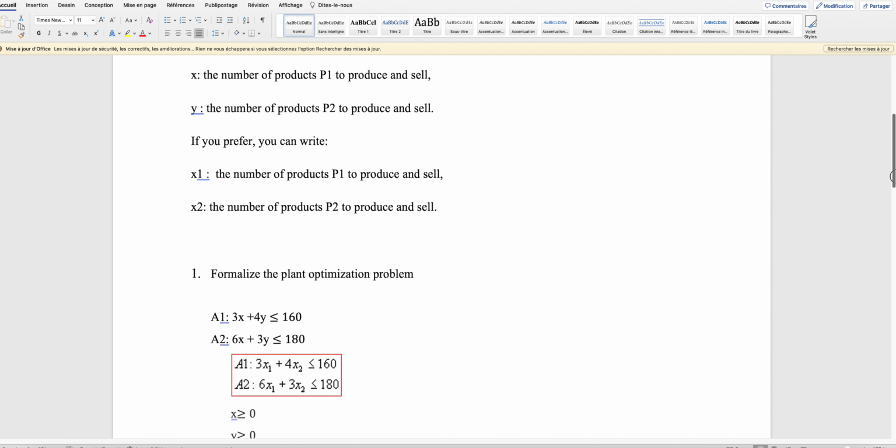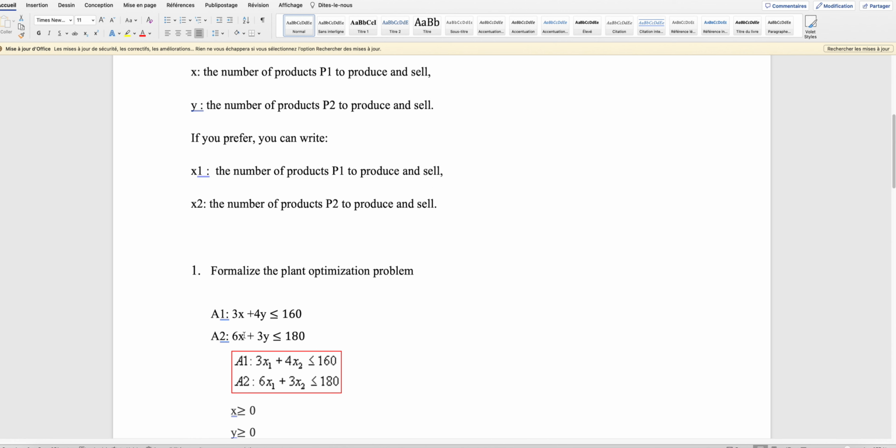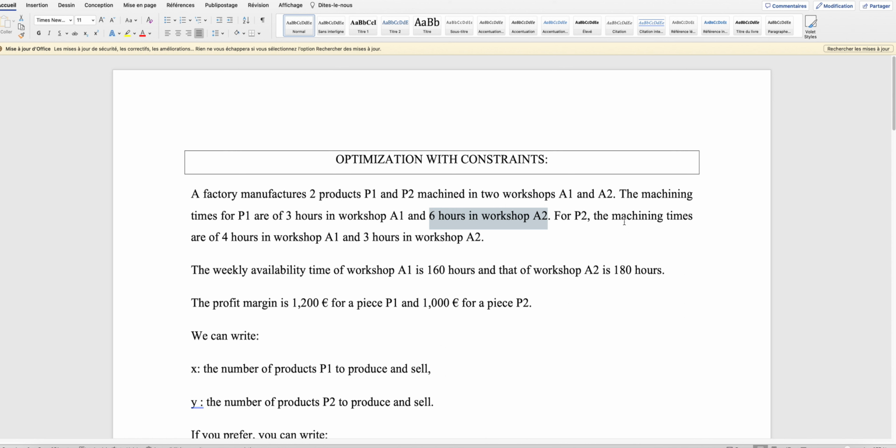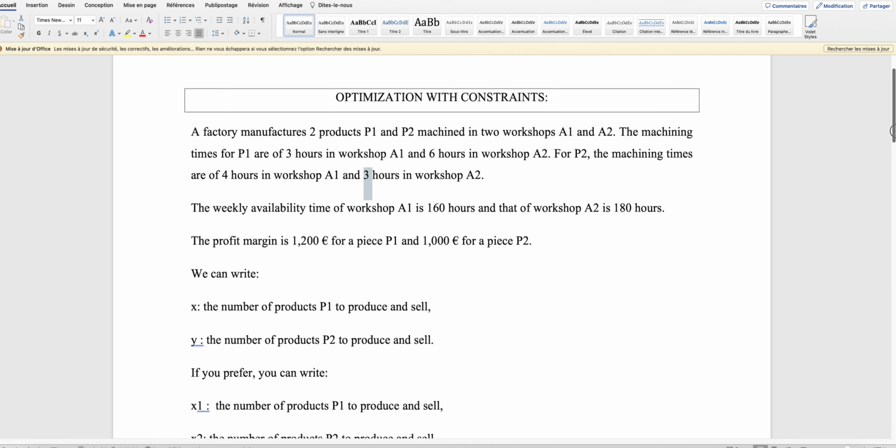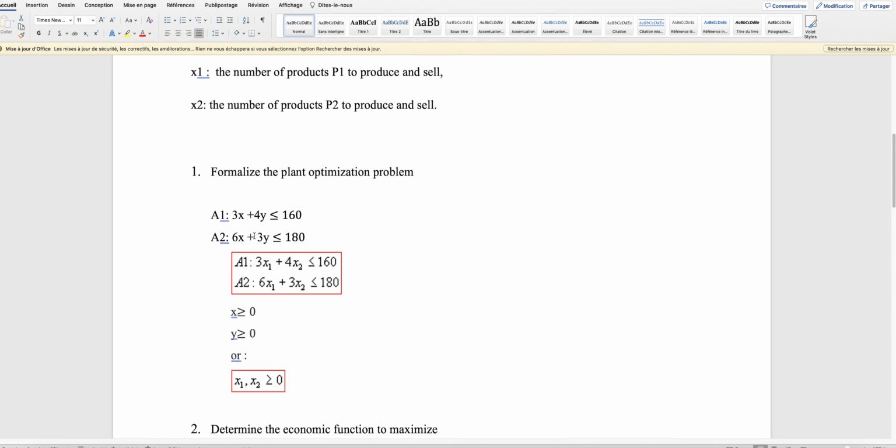So we put 6x, plus the machining time to produce P2 in the second workshop, which is 3 hours. So we add 3y. So the second inequation is 6x plus 3y is under or equal to 180 hours.